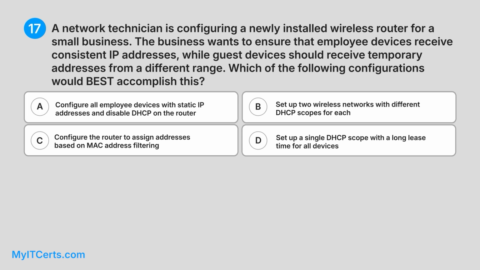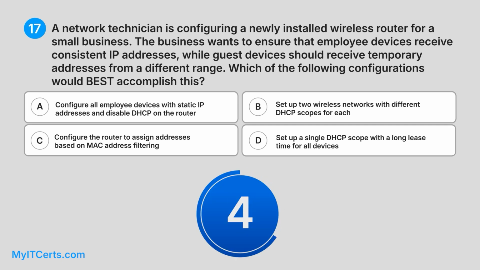B. Set up 2 wireless networks with different DHCP scopes for each. C. Configure the router to assign addresses based on MAC address filtering. D. Set up a single DHCP scope with a long lease time for all devices. Can you guess the answer?